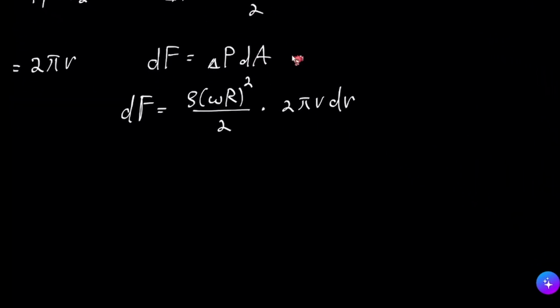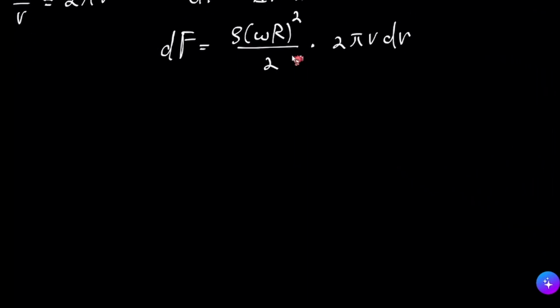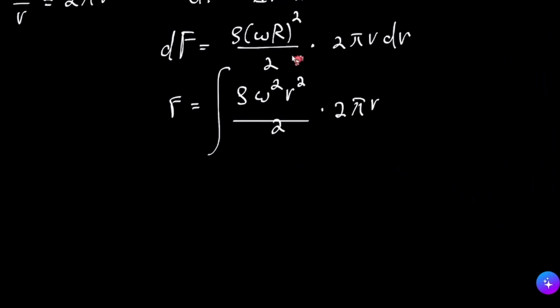All right. So to find the big force, we can just integrate this equation. So integrate dF. This differential and this integration will cancel out, leaving F alone. So we get big F. Big F equals the integral of rho omega squared r squared divided by 2 times 2 pi r dr. Okay, what do we integrate over?